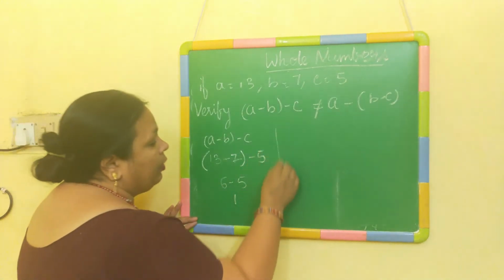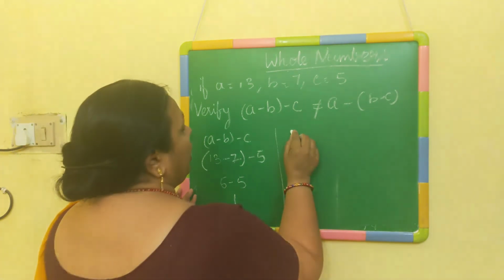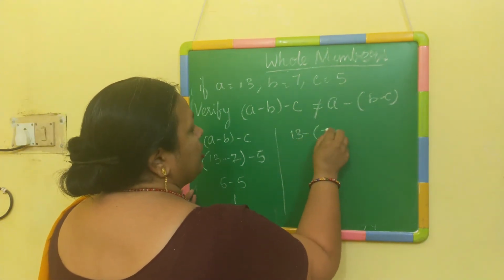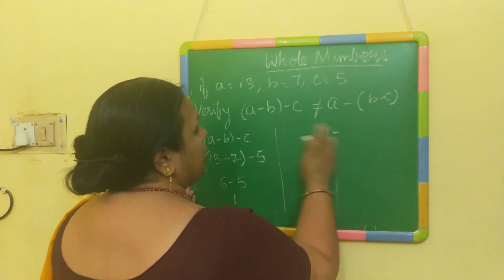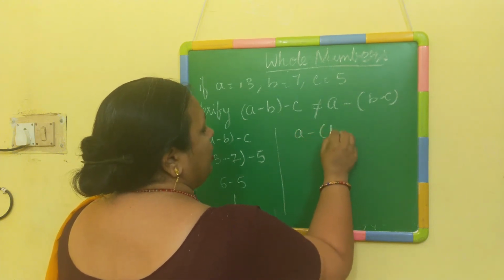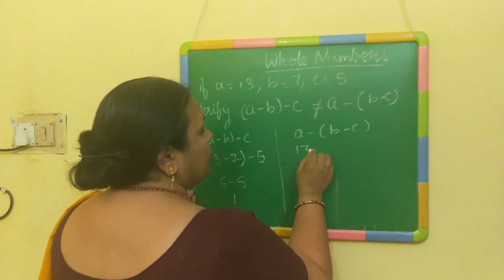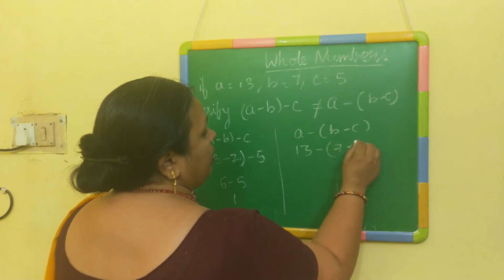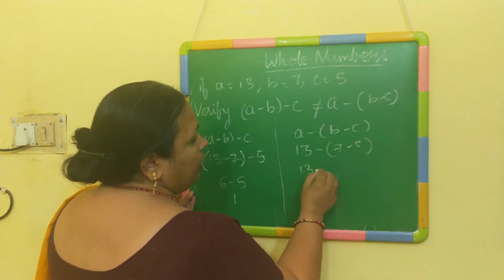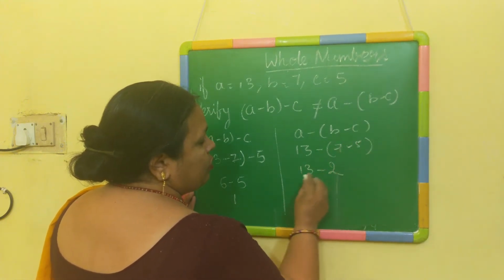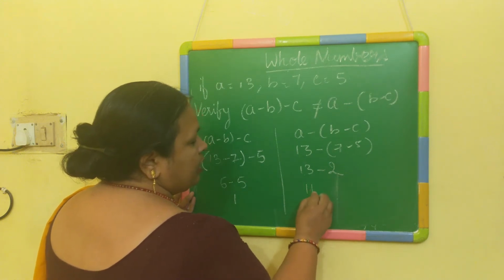Clear? Now, the second part: a minus (b minus c), that is 13 minus (7 minus 5). Now 7 minus 5 is 2 and 13 minus 2 is 11.